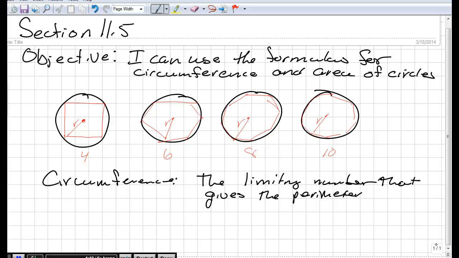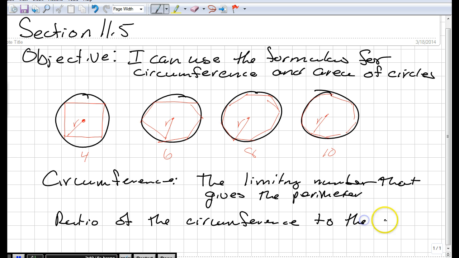Okay. Now, there is a very, very important ratio, and that is the ratio of the circumference to the diameter. Okay, so circumference to diameter.